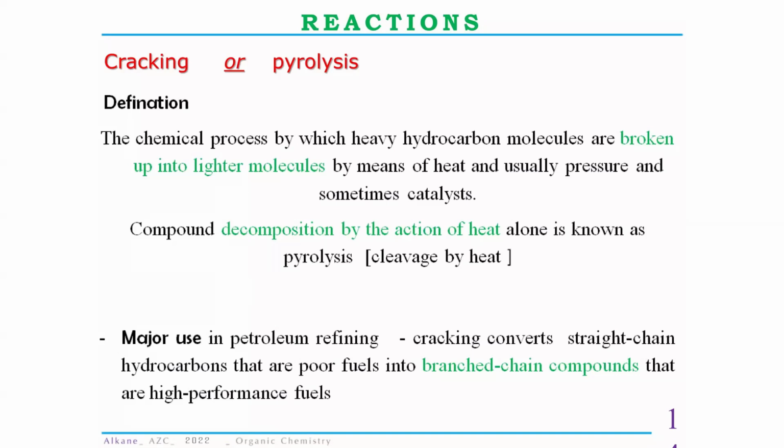But using the cracking method in refineries, you can convert this straight chain hydrocarbon into a branched chain, and a branched chain compound found in the fuel means that the fuel is of high quality.